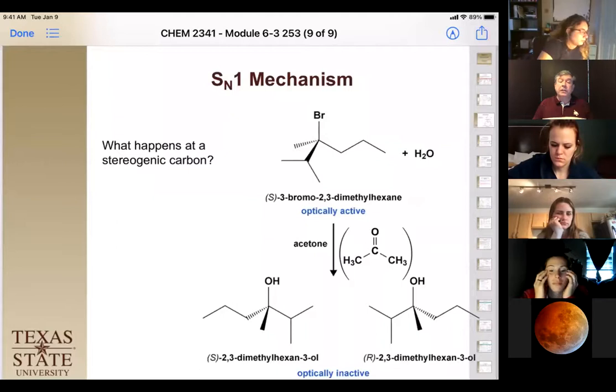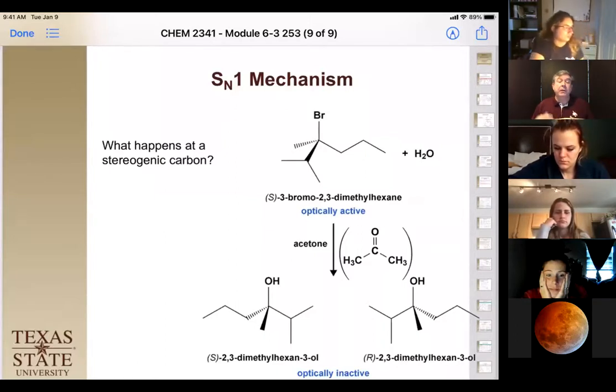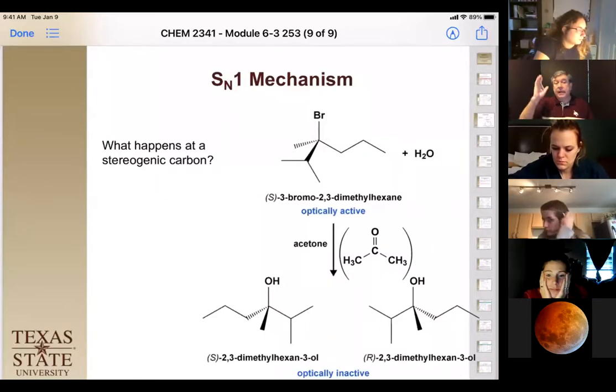That gives rise to the idea that your product can be either attacked from the top, which would give one isomer, or the bottom and give the other stereoisomer. So SN1 reactions are always racemic, or a mixture of the R and the S. Okay. So that's very different from the SN2 reaction, where we always have inversion of stereocenter.